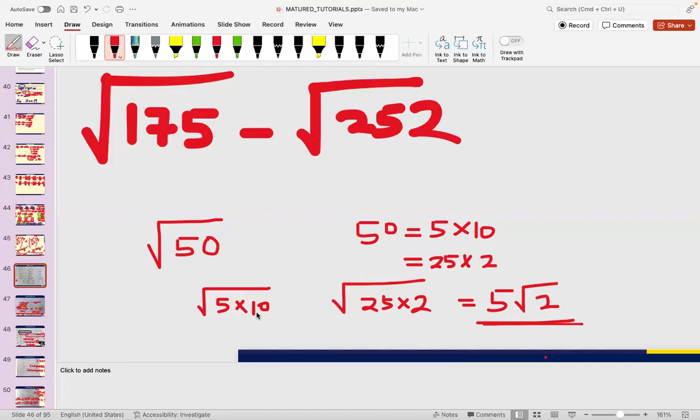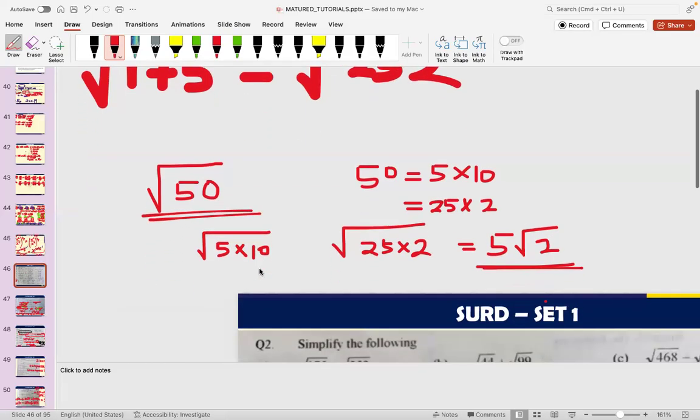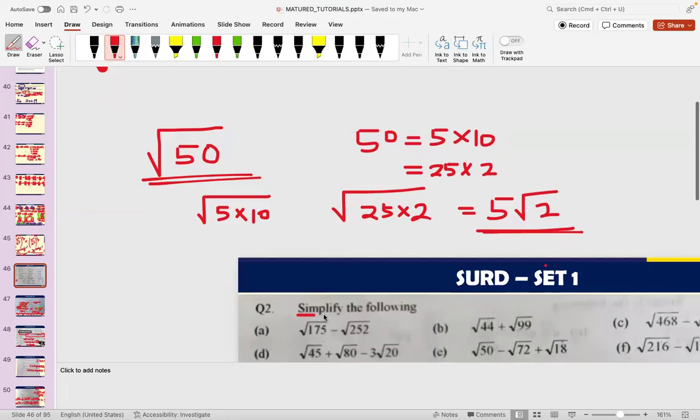But when we take 5 and 10, I can't find the square root of 5. I can't find the square root of 10. So in that case, no number can come out. I'll still be at square root of 50. But the question is also saying simplify. Look at the word: simplify. Make it simple.